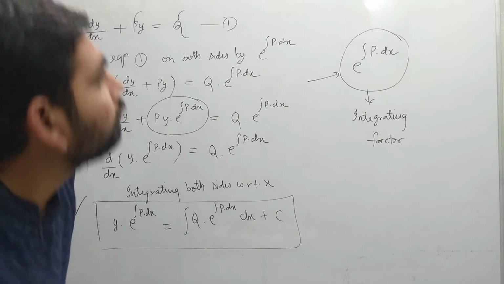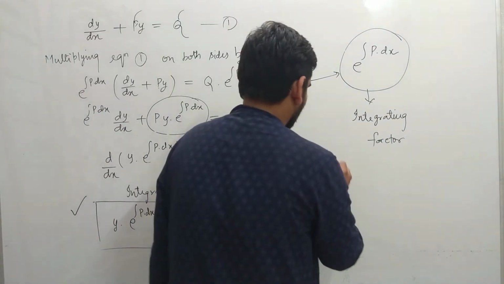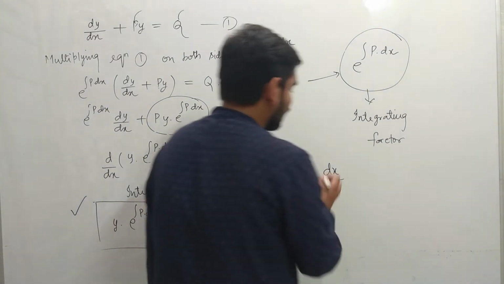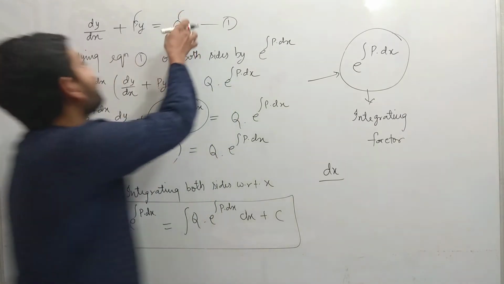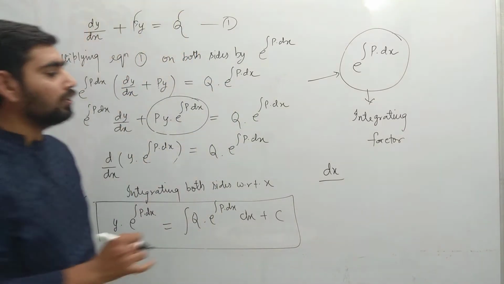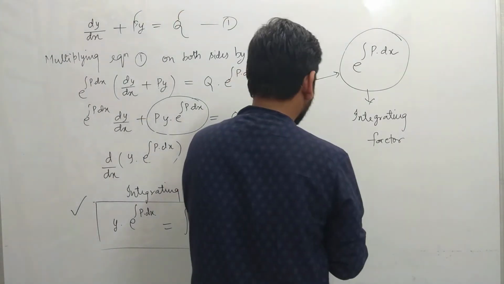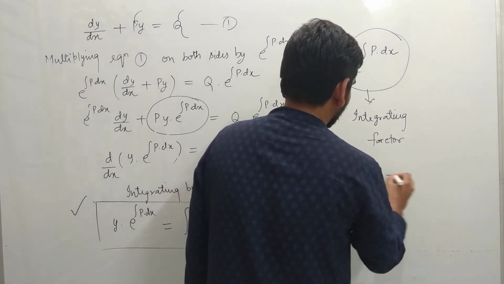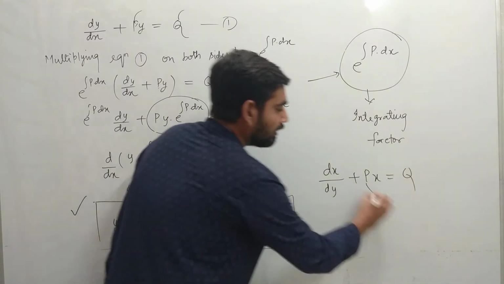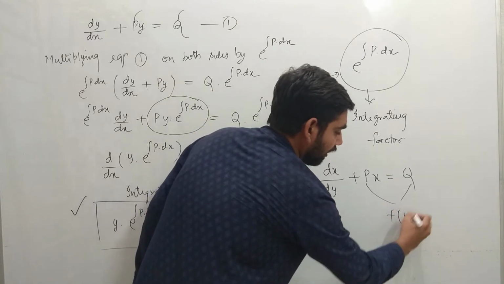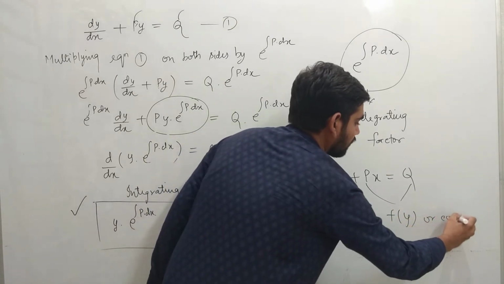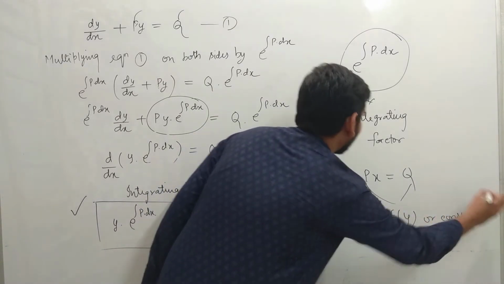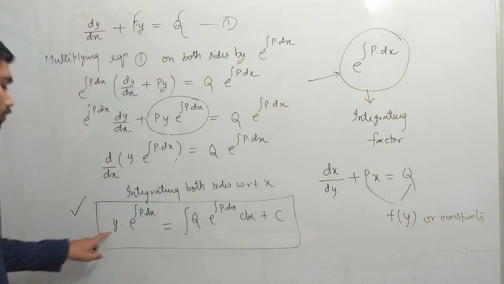So, if the dependent variable is y, then this standard form of linear differential equation will be of the form dx by dy plus Px equals Q, where P and Q both are functions of y or constants. And the solution will also change.